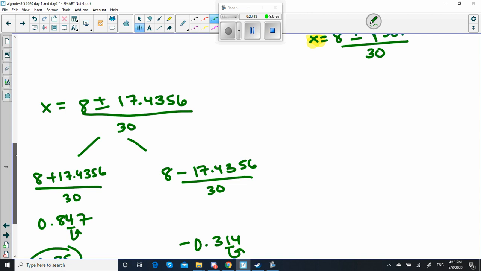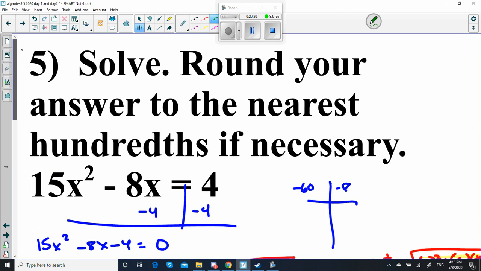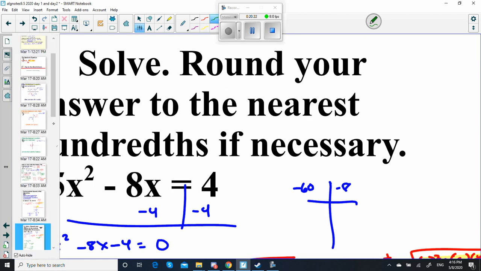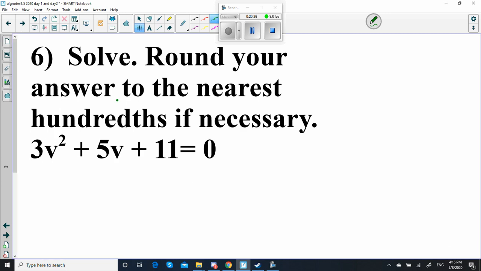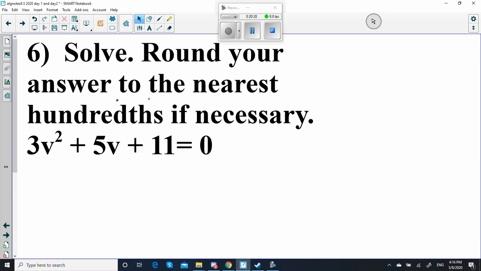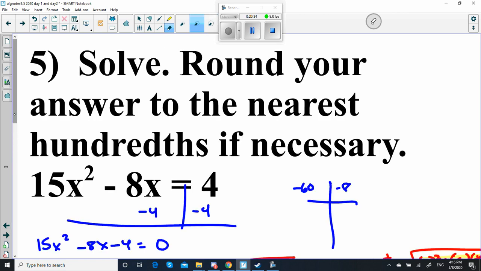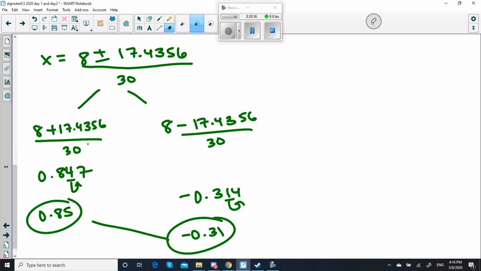Okay? Questions? If you have a question, I'm online. All right, let's go here. Okay, number 6. I think this might be the last one. I hope you're noticing that this is just a lot of plug and check. I do want to point out that on this part down here, make sure you hit equals before you hit divide by 30.